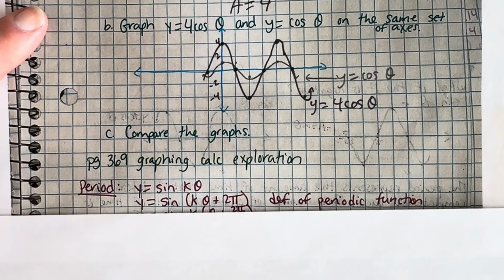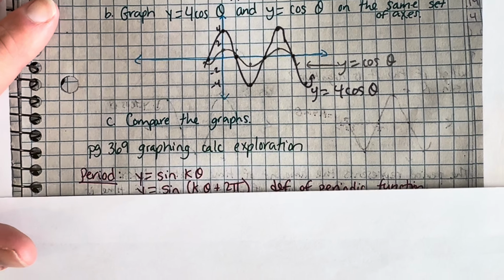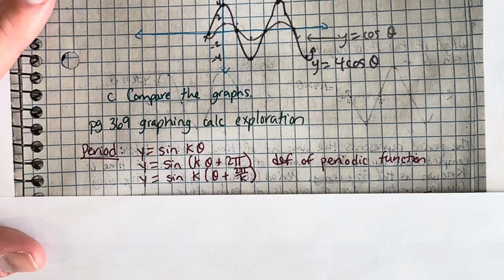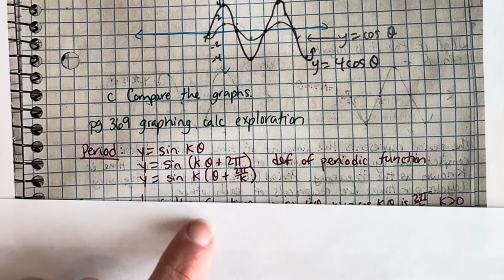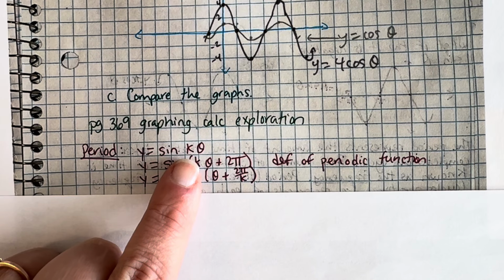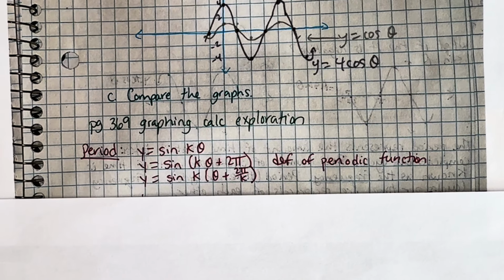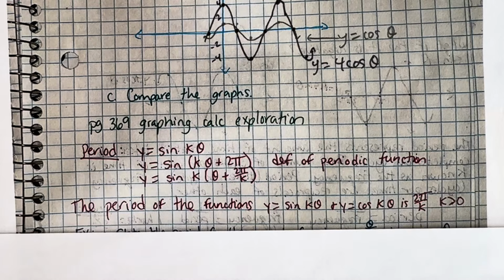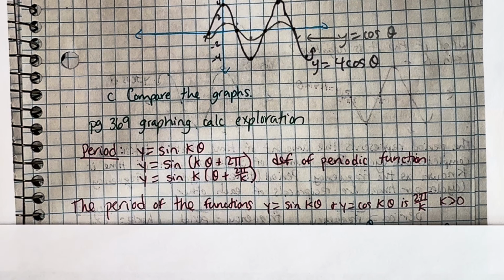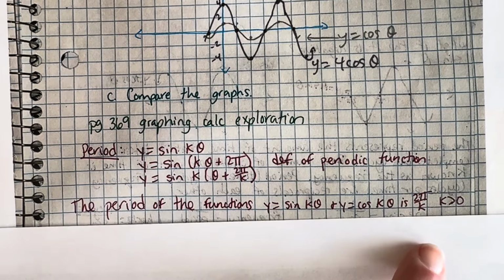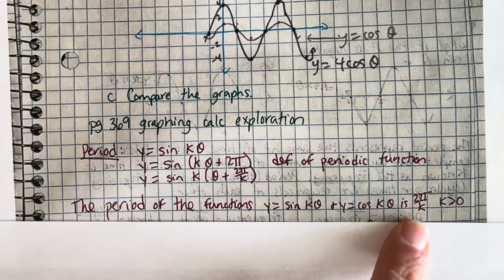All right. Our period here is this k that is inside here. Okay. So the period of our functions, y equals sine k theta or y equals cosine k theta, is 2 pi over k.